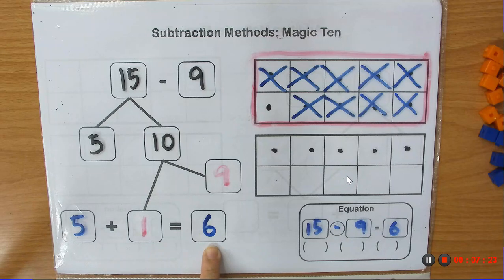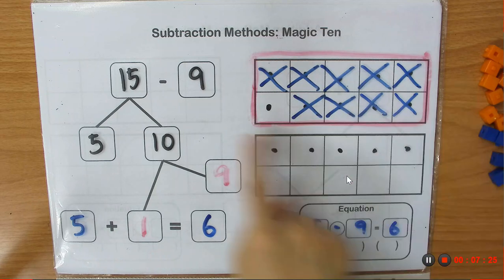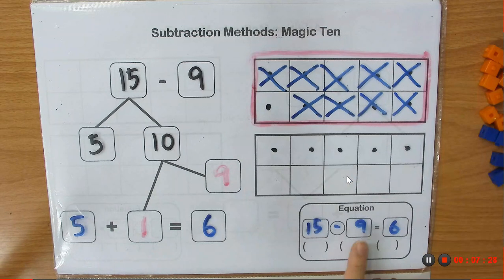That's 6, correct? So 15 minus 9 is equal to 6. Is that okay? Okay. Let's move on to check our textbook.